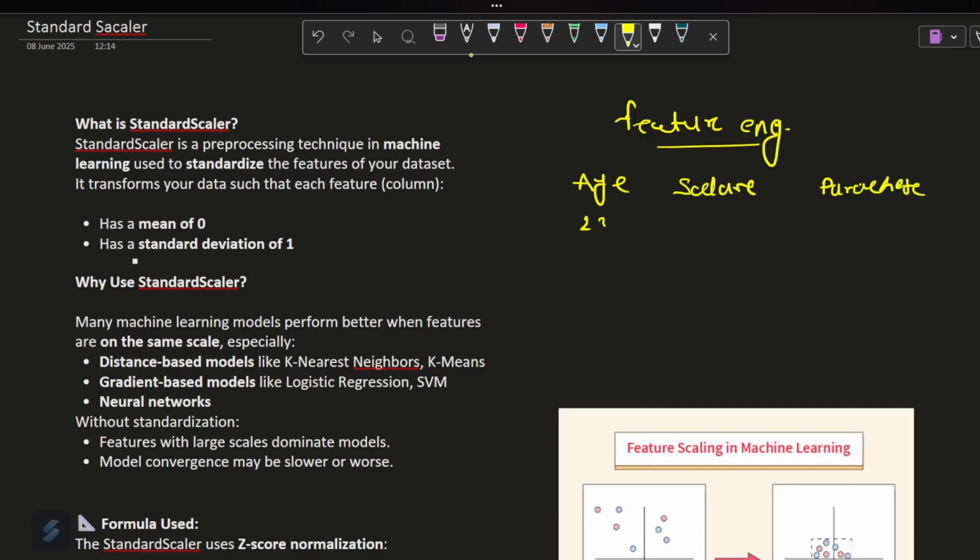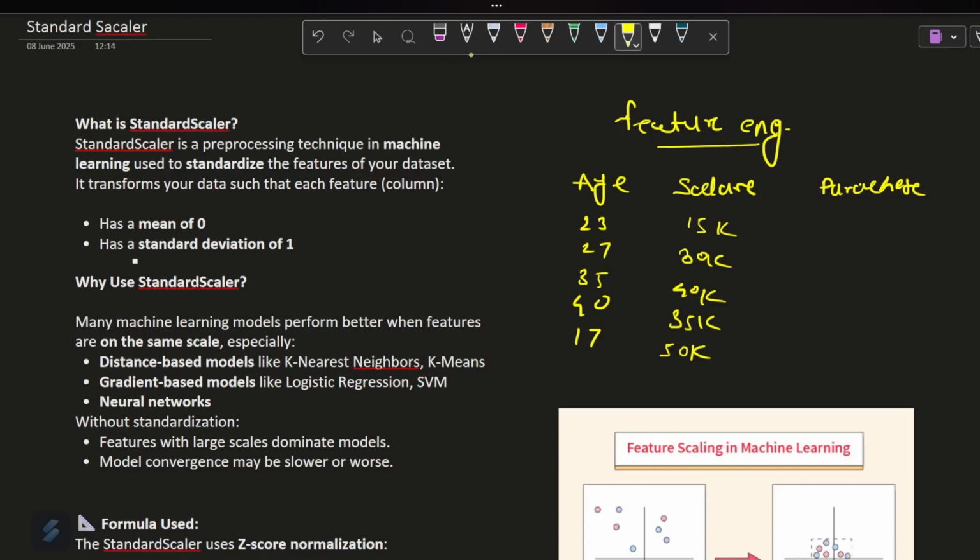Age is 23, 27, 35, 40, 70, and the salary is 50K, 15K, 30K, 40K, 35K, and 50K. Okay, this is the salary, and we are predicting the purchase.